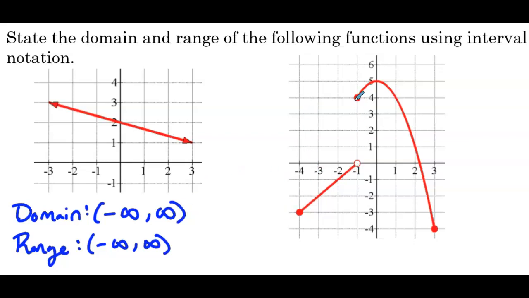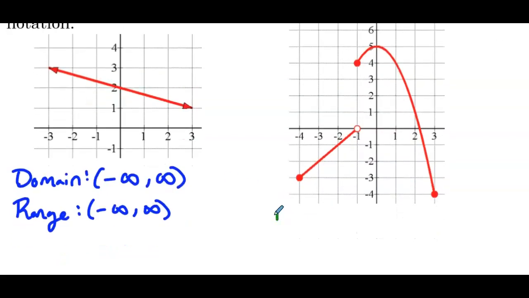So we have a weird looking graph again, and we need to define the domain and the range in interval notation. So the domain, the lowest x value is -4. The largest x value is 3. Notice I'm not writing the points out now, trying to do it without that.